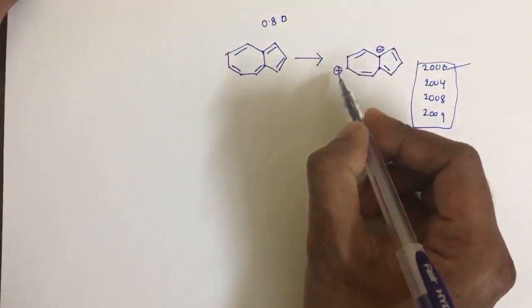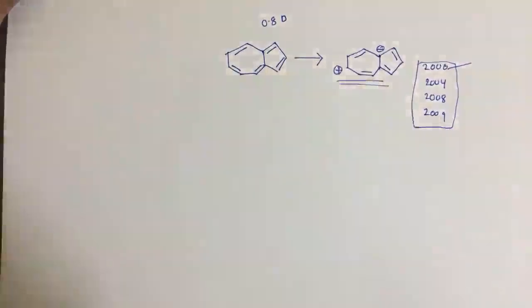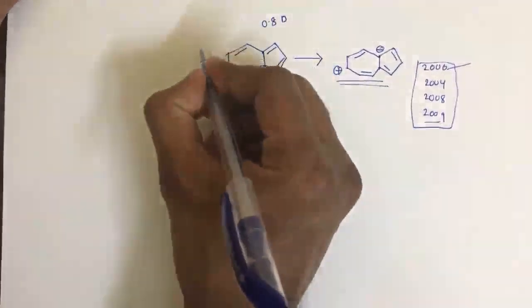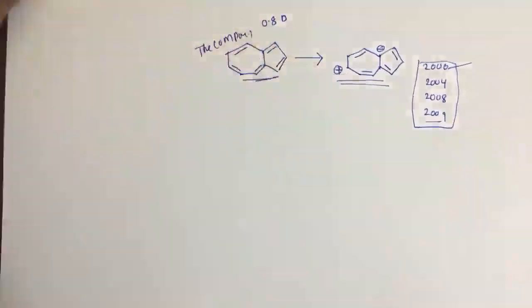And next, in 2004, what question they have asked: which contributes the most to the stability of azulene. So this structure is most stable. Okay, then in 2009 what they asked, this compound has been given.